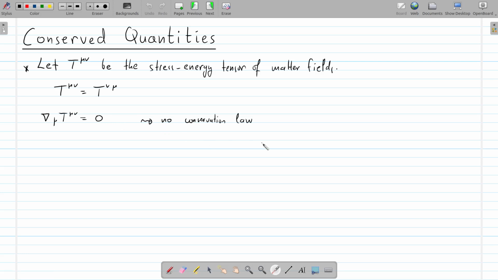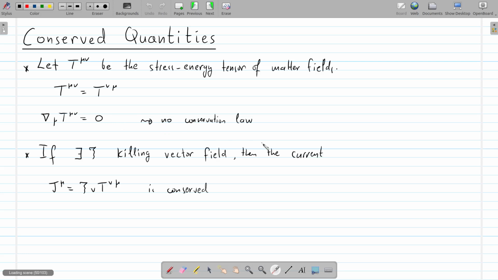But this will give us no conservation law. But if there exists a Killing vector field, we will see that the current that is obtained by contracting the Killing vector field with the stress energy tensor is actually conserved.